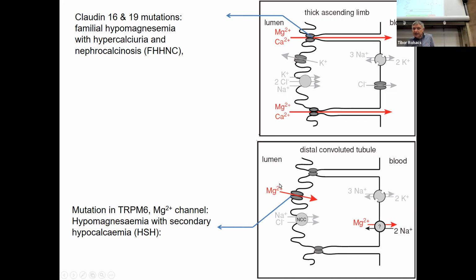You don't have to remember the name, but if this TRPM6 channel is mutated, again you get hypomagnesemia, because this transcellular path goes slower. So these two human mutations tell you the two different molecular mechanisms of how magnesium is reabsorbed in the kidneys.